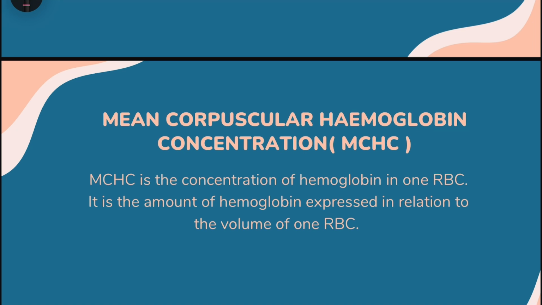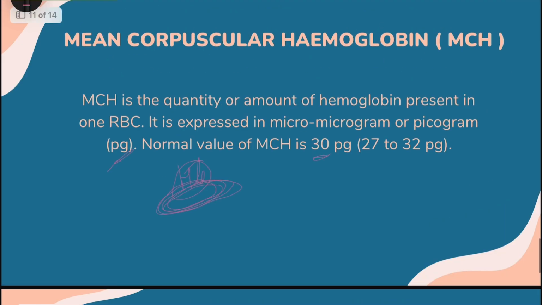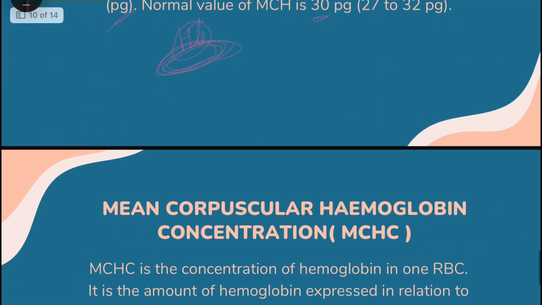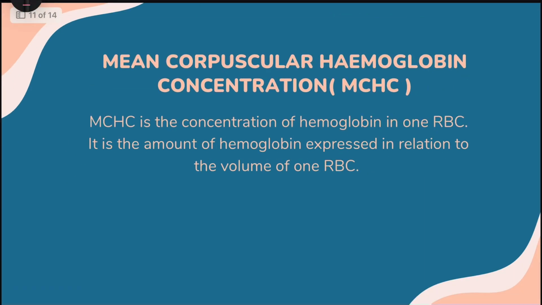So let's understand it in a very simple manner. As I mentioned, the RBC is a cell that houses the hemoglobin in it. We are considering here a single RBC.